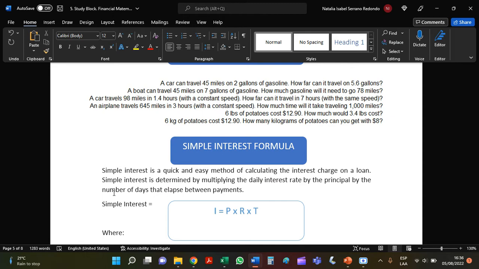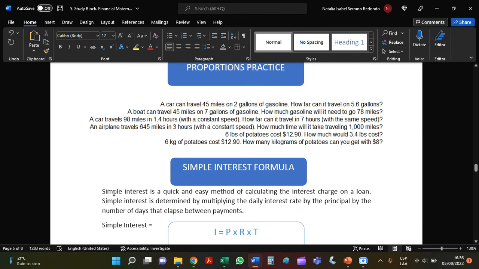How far can it travel on 5.6 gallons? Number 2, a boat can travel 45 miles on 7 gallons of gasoline. How much gasoline will it need to go 78 miles?